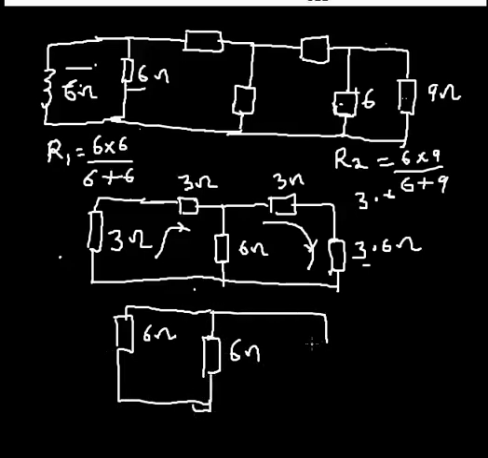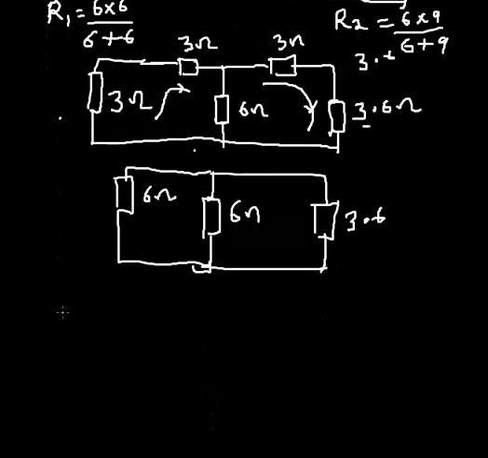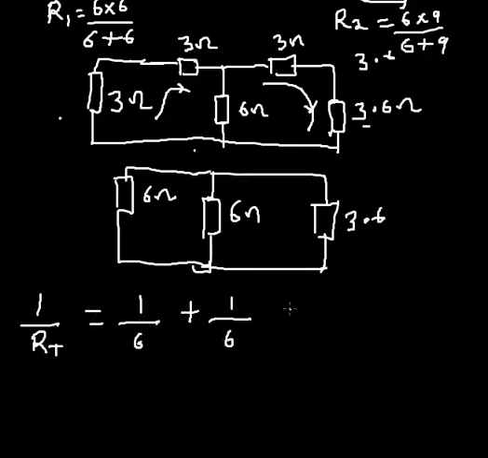Everything now is in parallel. 3.6 ohm. So everything now is in parallel. So I'm going to have 1 all over RT now equal to 1 all over 6 plus 1 all over 6 plus 1 all over 3.6, right?